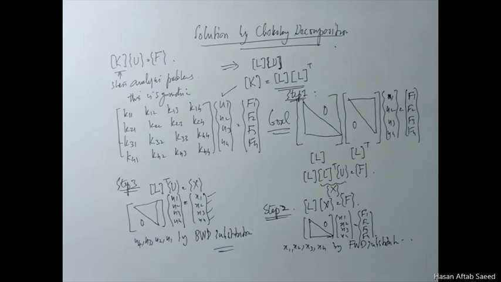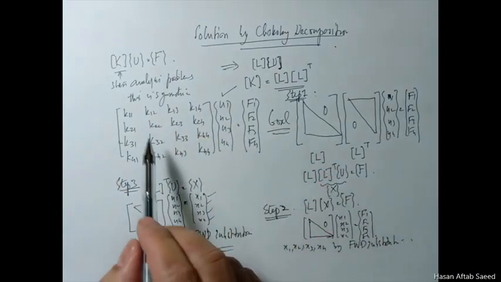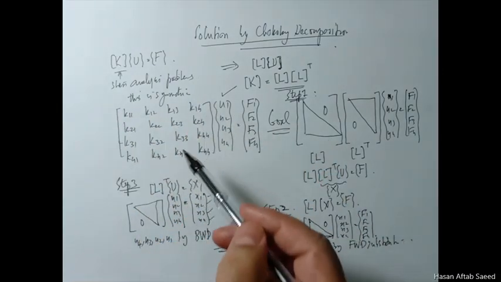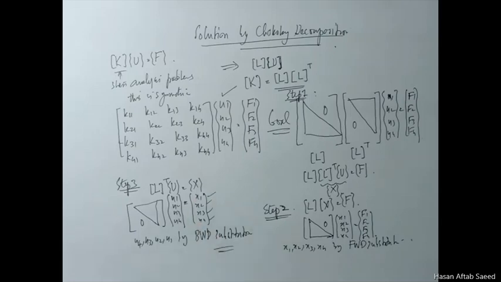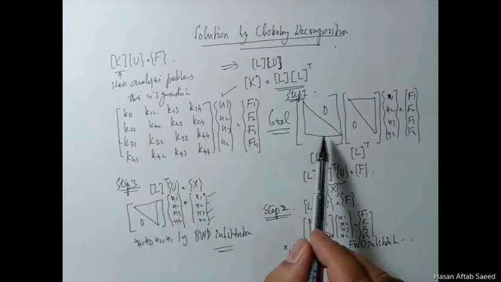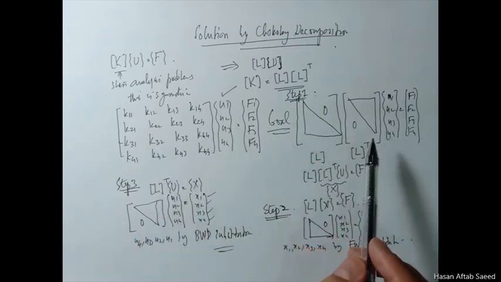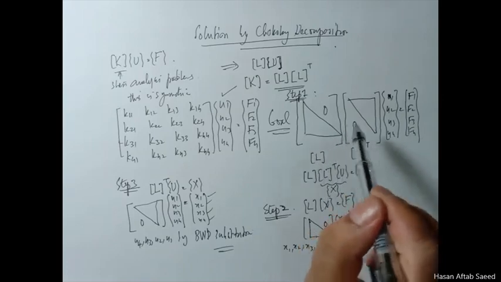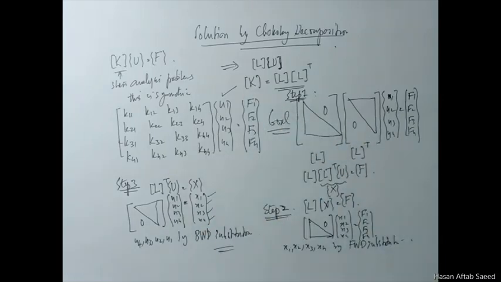So basically there are 3 steps. The first step involves conversion of whatever K matrix is, and here we just show it on a 4x4 system, but it doesn't matter what size of the system is. You convert this into a lower triangular matrix and upper triangular matrix, which is the transpose of the lower triangular matrix, and this is only possible when your K matrix is symmetric, and this will reduce your calculations by 50%.